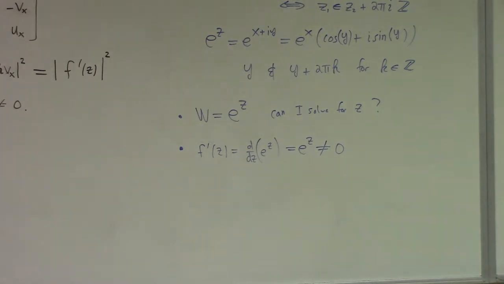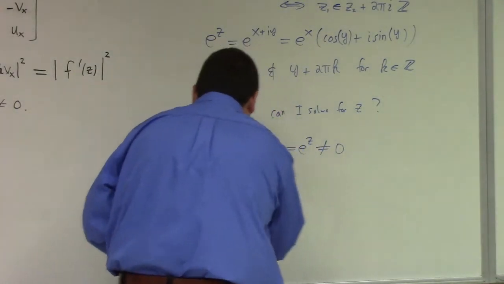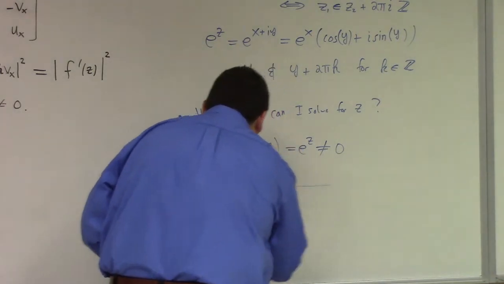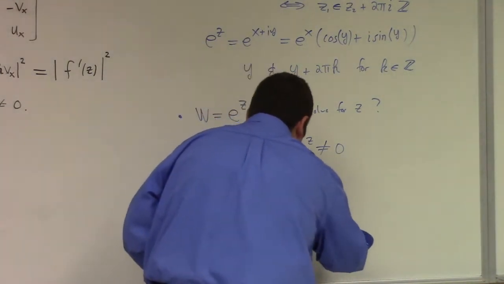And we've studied this problem in more depth before. We know we can actually find an inverse with respect to a restriction of the complex plane such that the horizontal strip doesn't have y extend past a 2 pi strip, right? So to draw a picture of it, the principal logarithm is actually the local inverse with respect to this U, right?